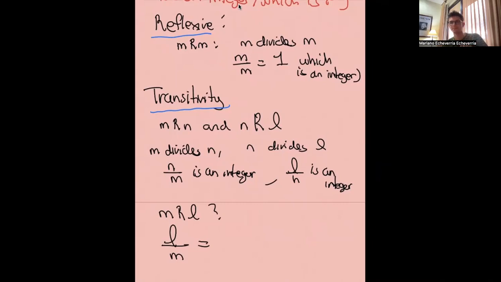Any ideas? It's kind of obvious depending on how you think about it, right? But one way to think about this is that this is the same as if you multiply and divide by n.